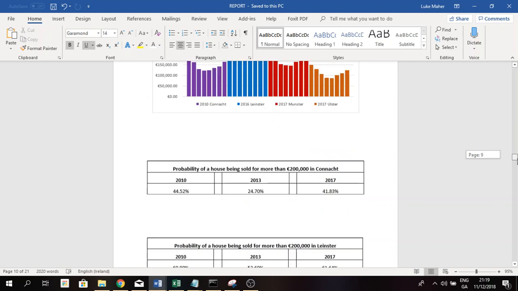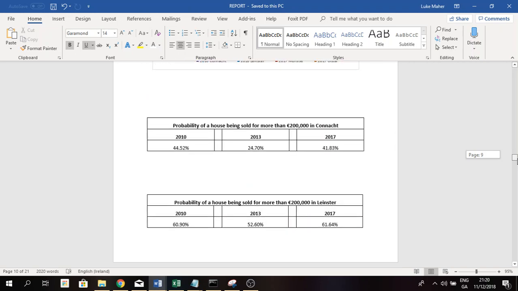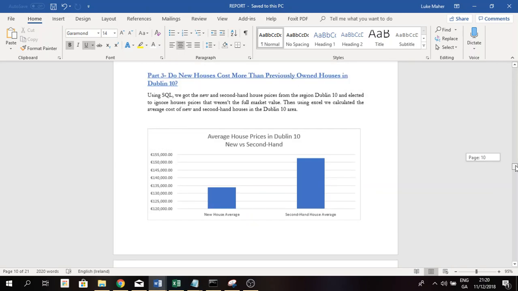Some more data here shows a house being sold for more than €200,000 as well. You can see here in Leinster, in 2010 there was a 60.90% chance, whereas in 2017 a 61.64% chance of being sold for more than 200,000. And in Connacht it's 44% in 2010, 41% in 2017, and so on for the rest of this.